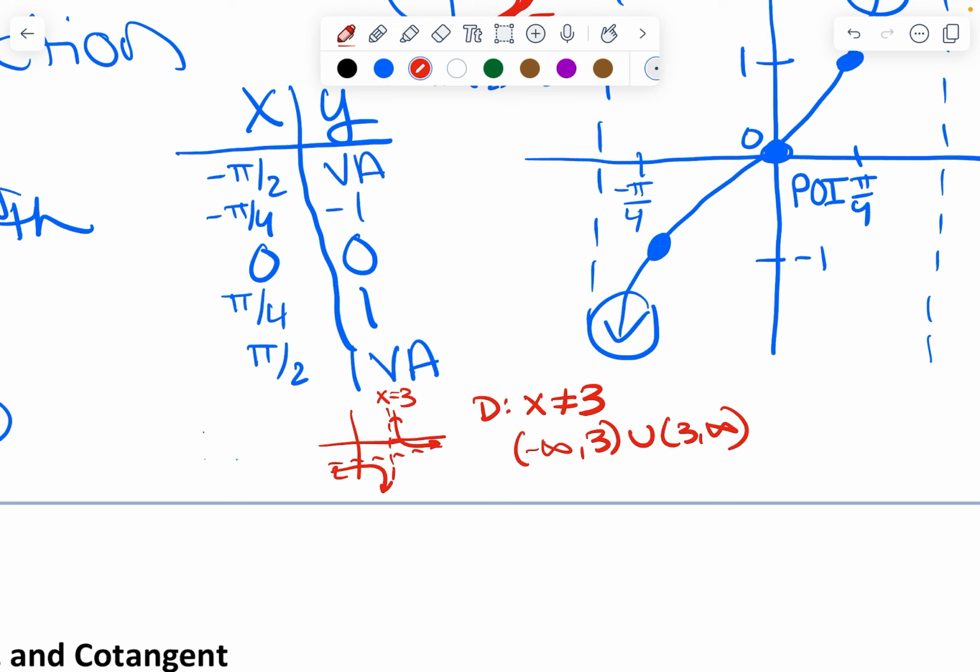Already with one vertical asymptote, this is a more tedious way to write it. Some rational functions have two vertical asymptotes, or 3, 4, it could keep going, which means we'd have to write multiple forms of this, all right? So this is a more efficient way to notate your domain when you have vertical asymptotes.